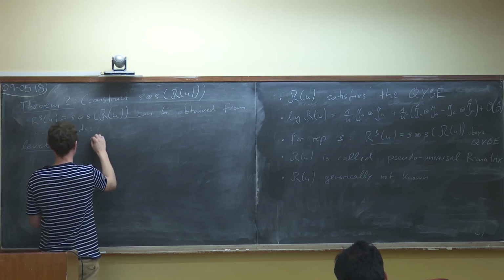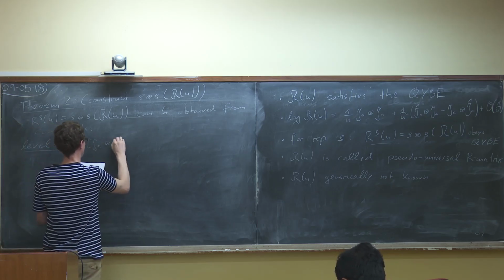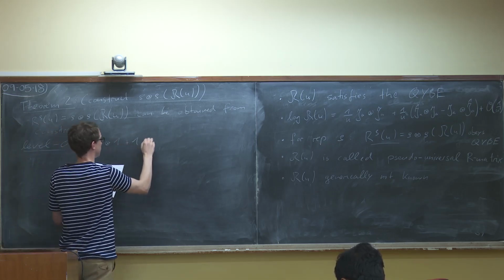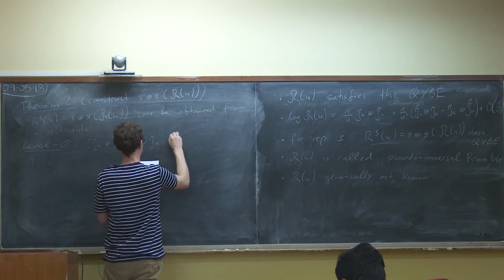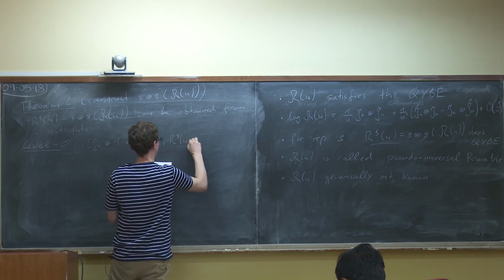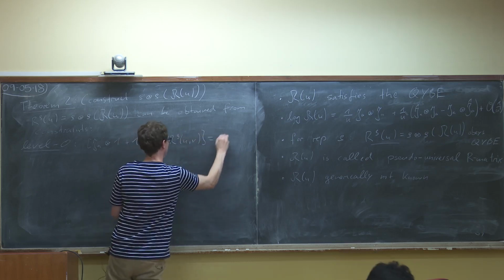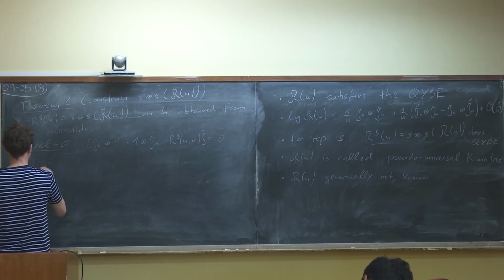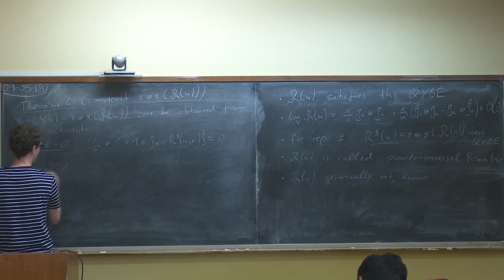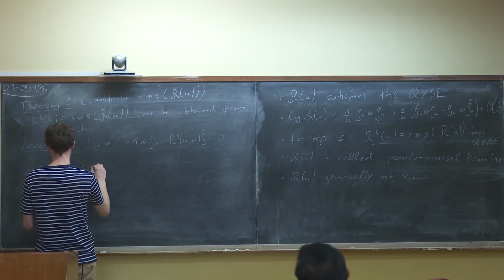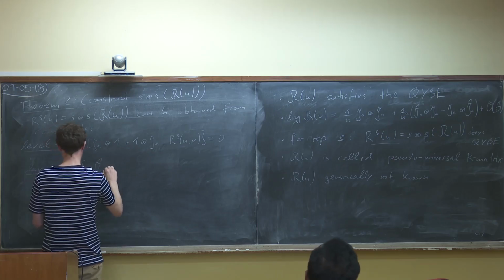So we have the level 0 constraints, which are simply your Lie algebra constraints, and the level 1 constraints, which look like this.